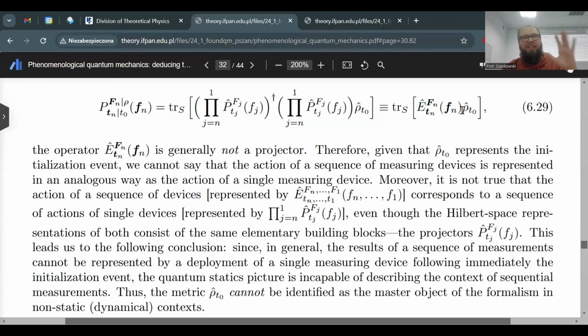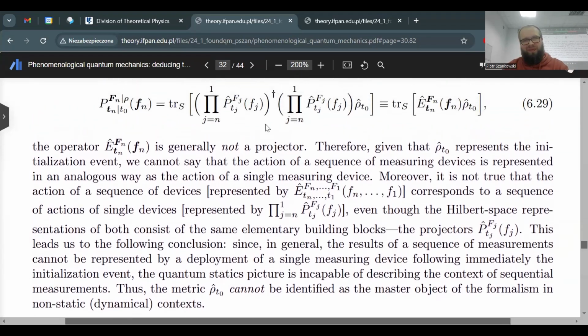This is some completely new device, because you cannot even decompose it into a sequence of application of F devices. Previously, the application of a single device was a projection operator. But E is not a product or sum of projection operators. This is a new kind of structure, which doesn't fit into anything we had.